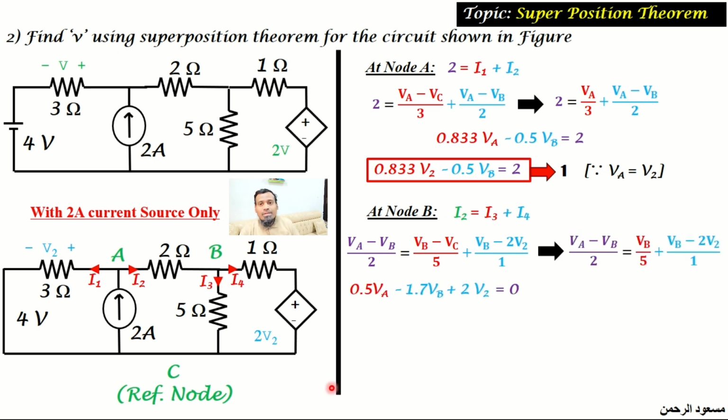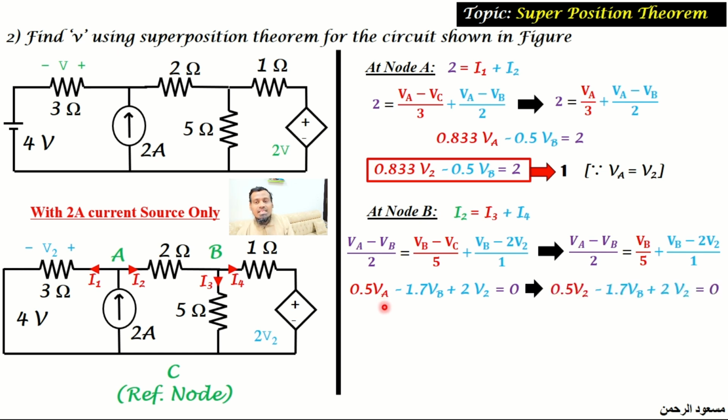Here we will separate out all the VA terms and VB terms and rewrite the equation as shown here. In this equation, once again, the voltage V2 is nothing but VA, so you can change the term VA to V2.